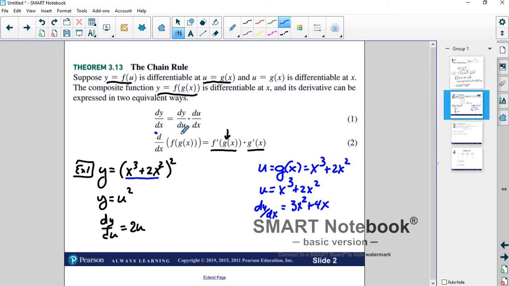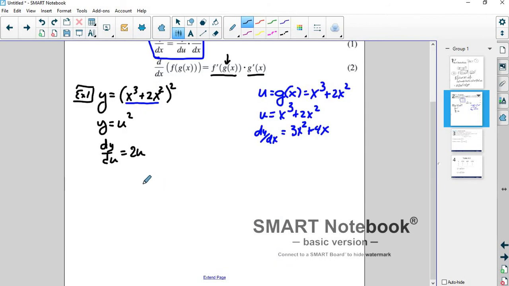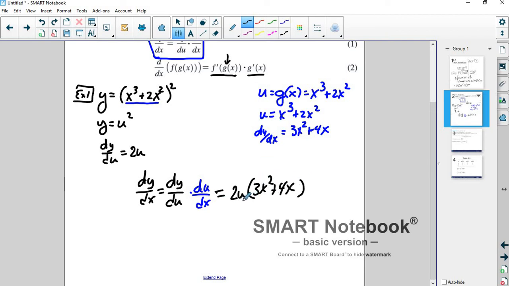And so now, according to this, we're supposed to find dy du and multiply them together. If we multiply these together, dy dx is dy du times du dx. And so we just end up with what we found before. We have 2u times 3x squared plus 4x, but then of course it's not about u, so we've got to plug this back in for u.